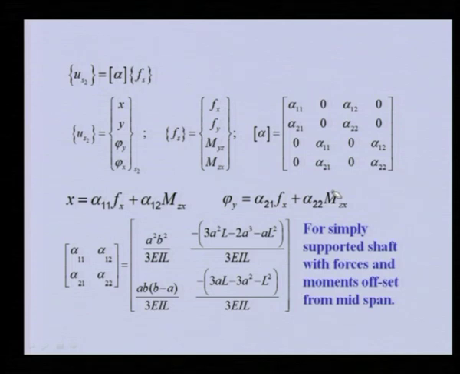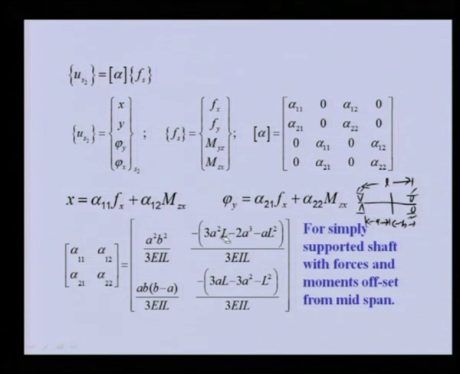Now, we can see that this particular expression, which is for a simply supported shaft, has influence coefficients defined in terms of various variables. If we see a simply supported shaft, the disk is here, so we have distance A, distance B, and total length L. In this particular case, A and B are defined like this.